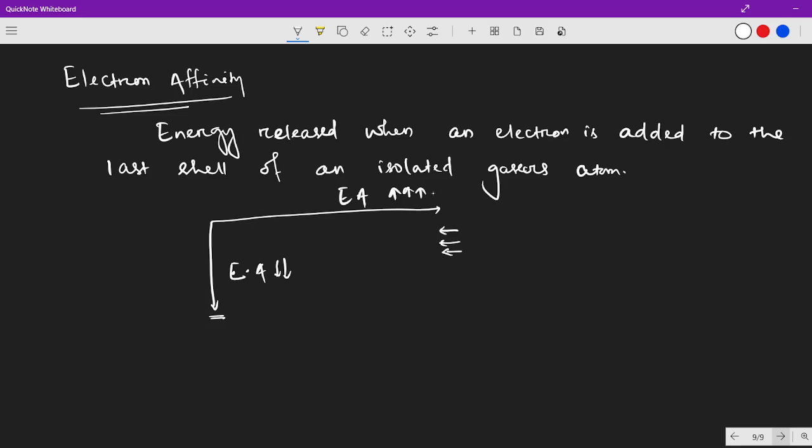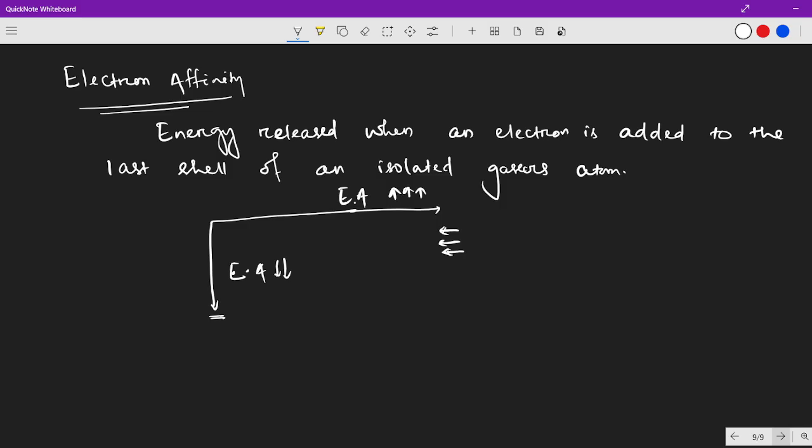Just like ionization potential, on moving left to right, electron affinity increases, because electrons can easily be added, right? Electron affinity means the attraction for the electrons.